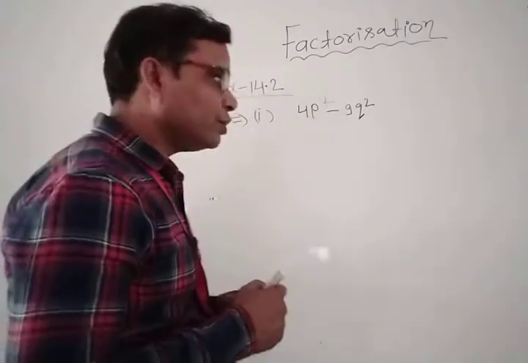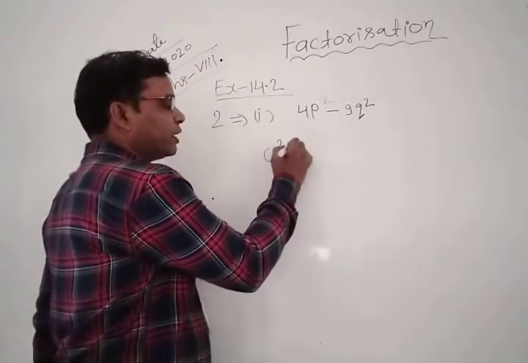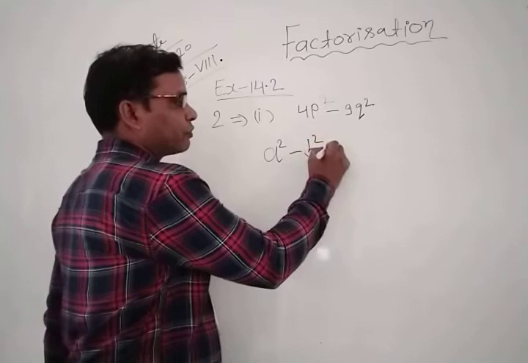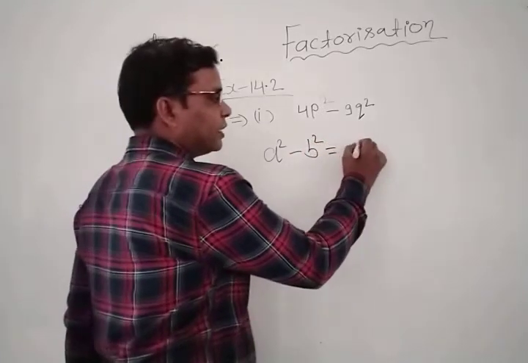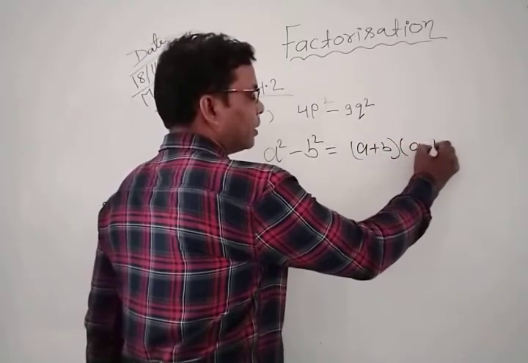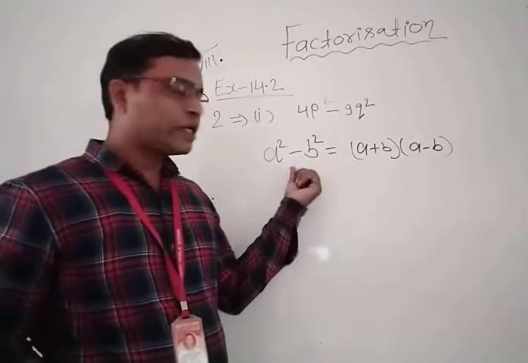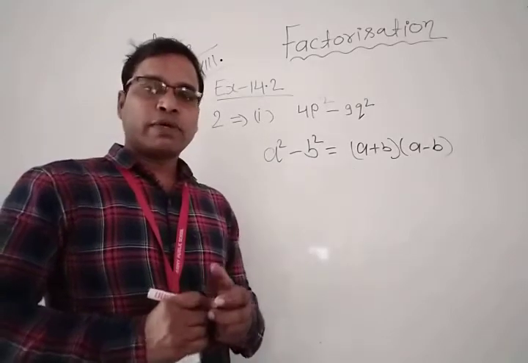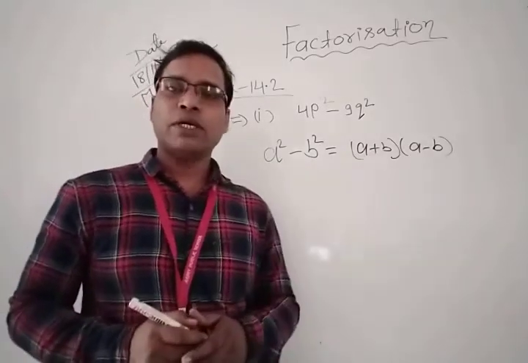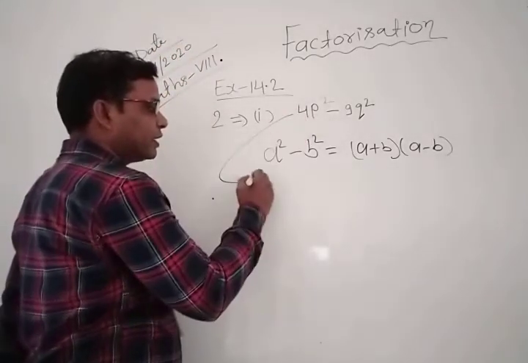It means you can write the difference of two squares, a square minus b square, as a plus b into a minus b. Also, you can say a square minus b square is equal to a plus b into a minus b.